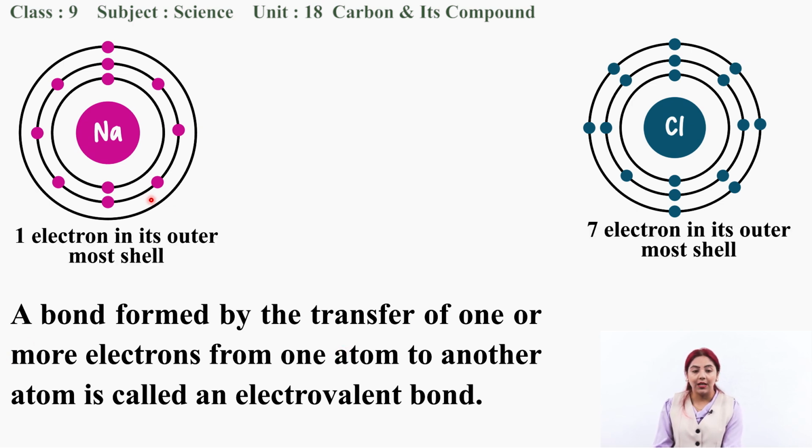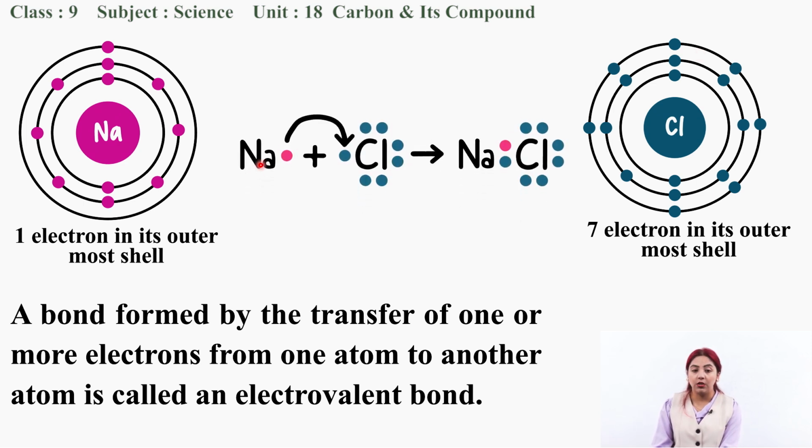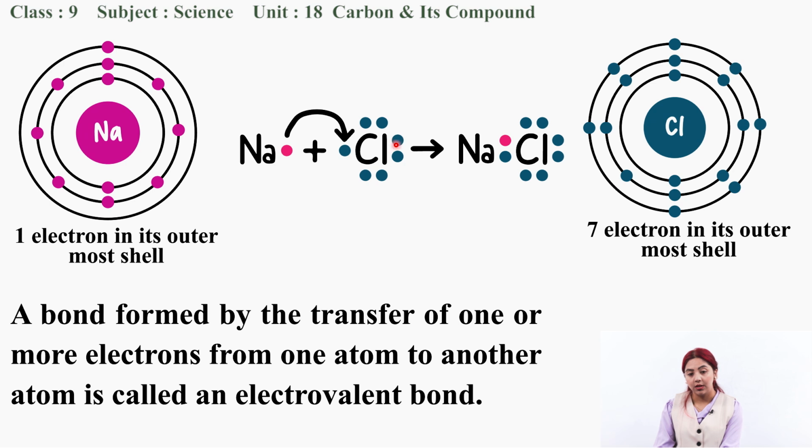Now sodium has one electron in its outermost orbit, whereas chlorine has 7 electrons in its outermost orbit. For sodium to reach the stable octet state, it should donate 1 electron, and for chlorine to reach the stable octet state, it should gain 1 electron. So sodium donates its outermost electron to chlorine, so that sodium also reaches the stable octet state and chlorine also reaches the stable octet state.